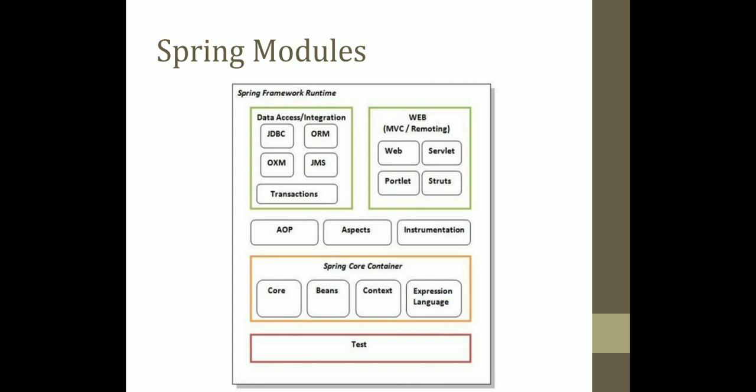Then the third layer is AOP, aspects and instrumentation. AOP is an aspect oriented implementation of programming that allows separating functionality by defining method interceptors and point cuts.